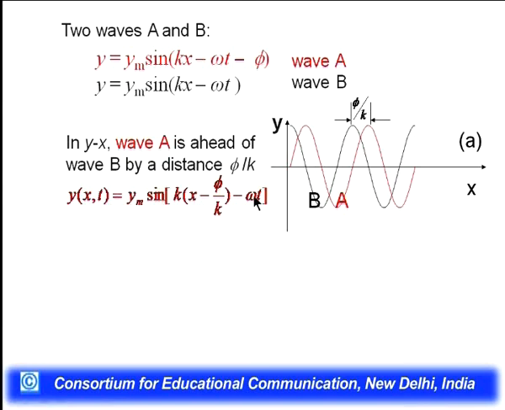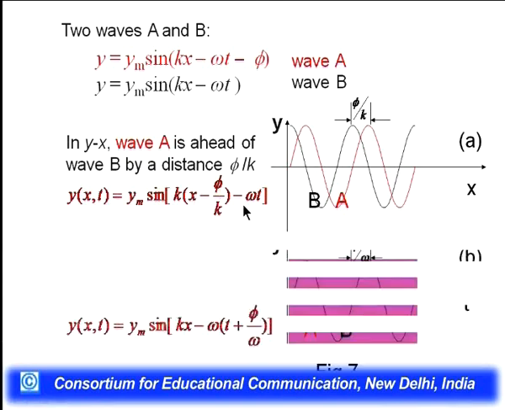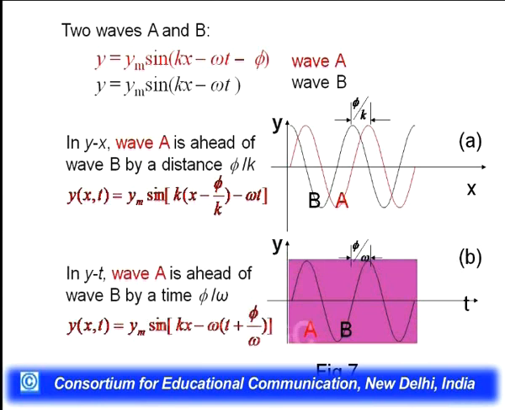The equation for wave A is defined as y(x,t) equals ym sin(k(x minus phi by k) minus omega t), and this is related to the distance. In the case of y versus t, this is the displacement versus time. Wave A is ahead of wave B by the time phi by omega.